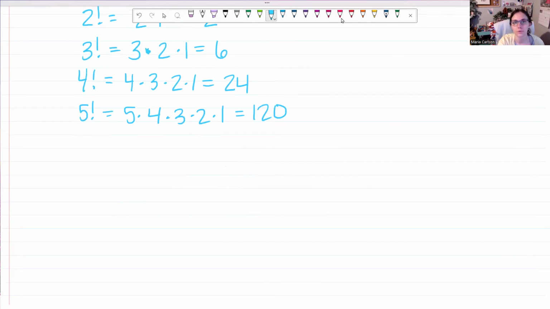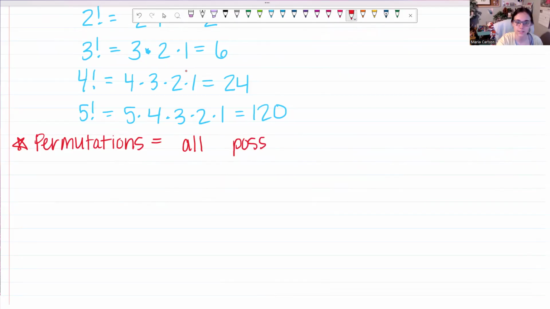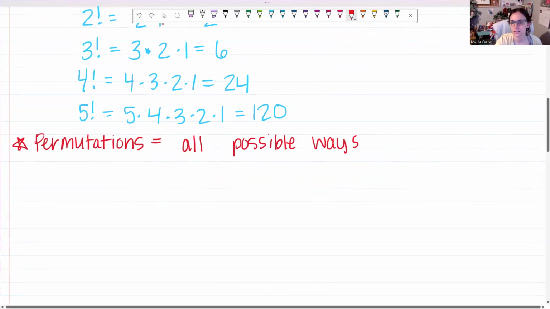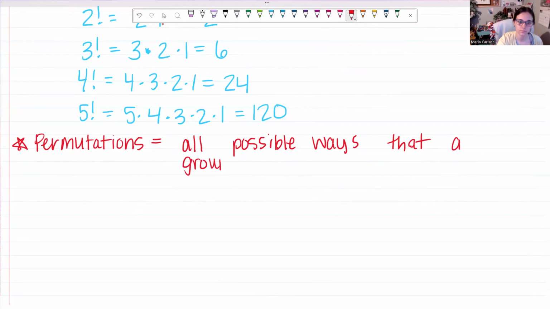So what are permutations and what are combinations? We're going to start with permutations. Permutations are all of the possible ways that a group of objects or items can be arranged.